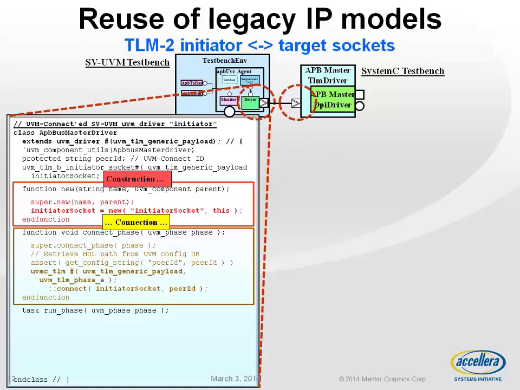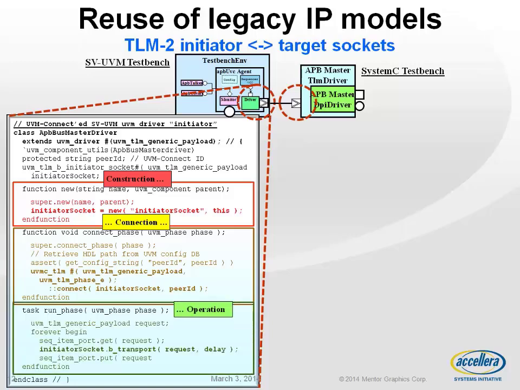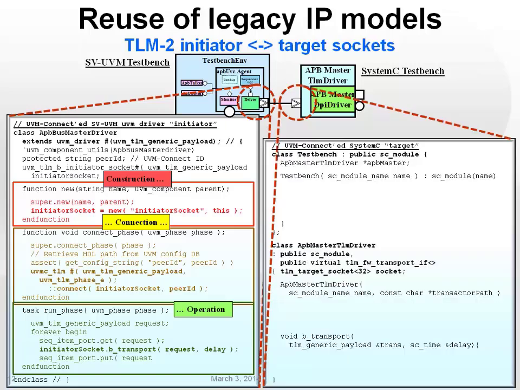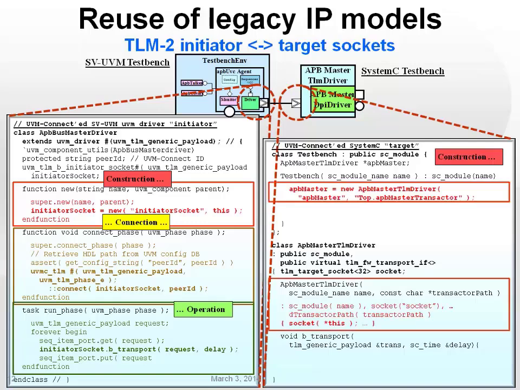And then finally you have your operation. The operation is your phase where you're in a little forever loop, and you're pulling sequence items off the sequencer port, and you're calling b_transport on the initiator port and relaying them through the socket. So that's the operation of the master. On the target side, SystemC, again, you've got the construction phase. You're going to construct the driver. You've got a socket declaration.